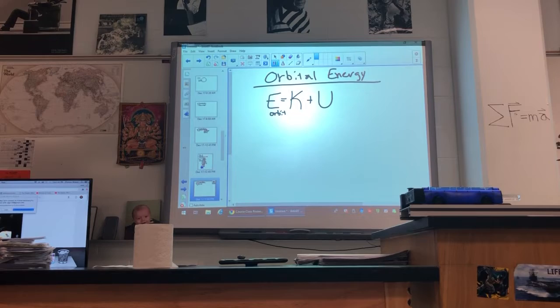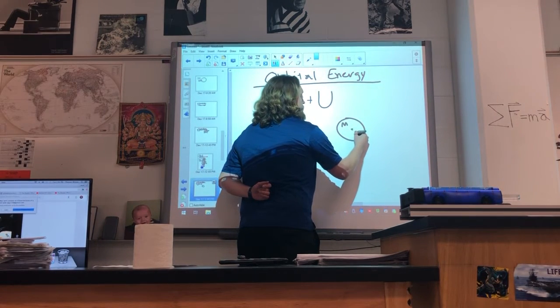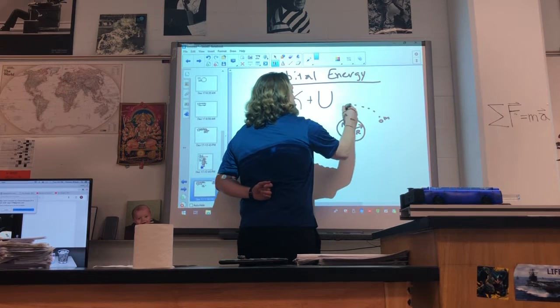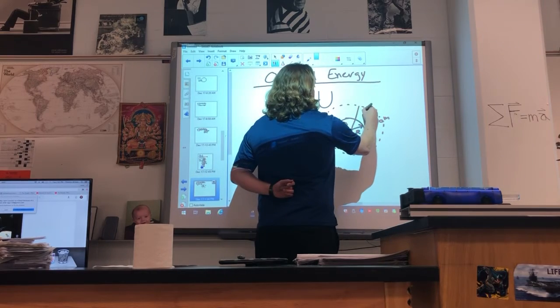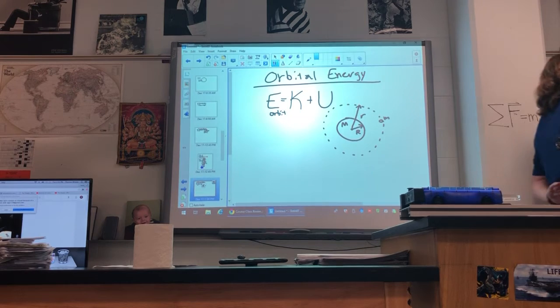However, somebody brought up something. They said, okay, let's draw out an orbit. So we've got our larger mass, M, radius R, and then a little mass, and let's just have it as a circular orbit. We'll deal with ellipses later, tomorrow.